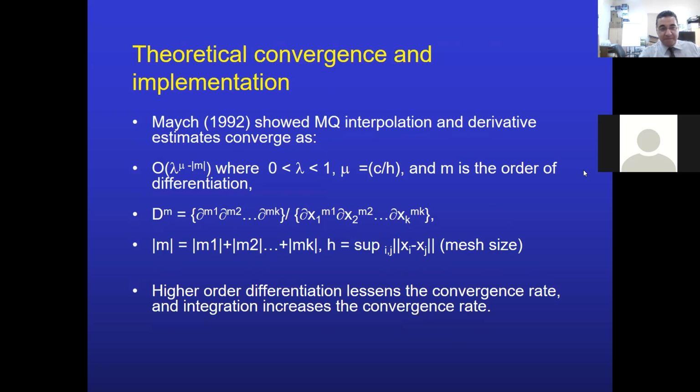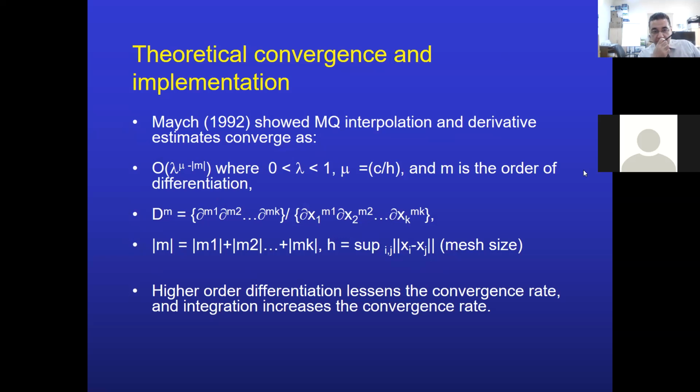Madych and Nelson showed that multiquadric interpolation and its derivatives converge exponentially. They go like lambda to the power, which can be some large number, minus the absolute value of m, where m is the derivative.